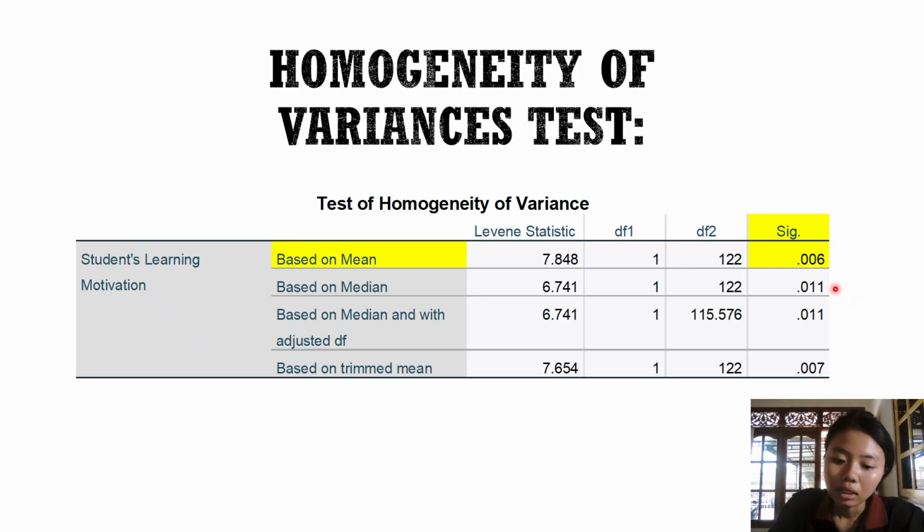That means the variances between two groups are not equal, and we have to use equal variances not assumed in the test. But in different case, if the significant value is more than 0.05, that means the variances between two groups are equal, and we can use the equal variances assumed in the test. But for my data, I will use equal variances not assumed because the variances between two groups are not equal.